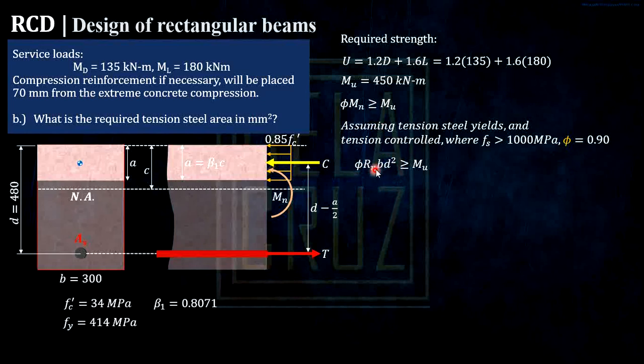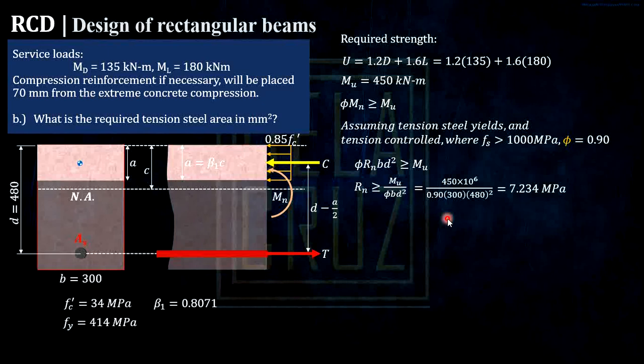This is the simplest way to design rectangular beams, the best one to use. We cross multiply to get Rn, and just substitute the values. Mu in newton-millimeters, with the dimensions and reduction factor, and Rn is 7.234 megapascal.